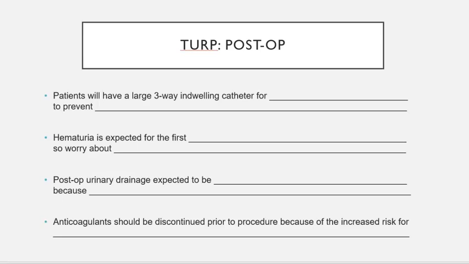So worry about bleeding after those first 24 to 36 hours. Post-op urinary drainage is expected to be light pink, and this is because blood mixes with the urine. Anticoagulants should be discontinued prior to the procedure because of the increased risk for bleeding.